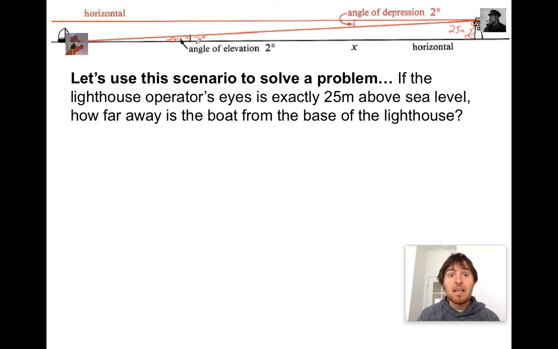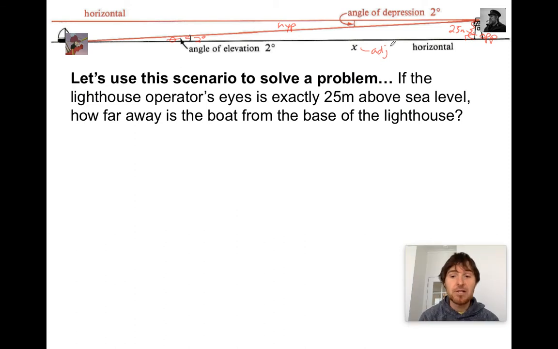If this 2 degrees is our reference angle, is that the opposite or the adjacent side? This is our opposite side. The distance from the lighthouse operator to Captain Hook, the captain of the sailboat, would be the hypotenuse. And then that means x is going to be the adjacent side.